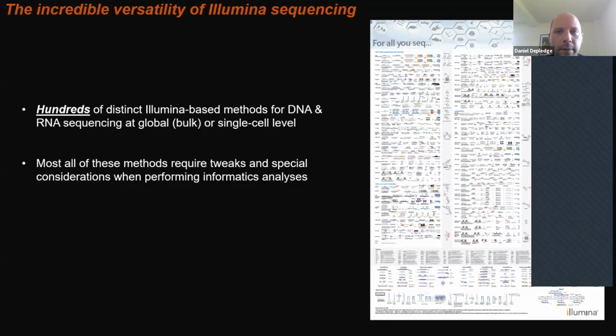The point I want to make with this slide is that if you go on the Illumina website, and again, I'll add the link to this slide later on, you can download several different documents which look like the one I've shown on the right-hand side of the page. Each individual line you see in that document is detailing a different type of seq strategy that is used for DNA. And this can be everything from regular DNA-seq to mRNA-seq to gDNA-seq to about 100 or more other ones that are on there.